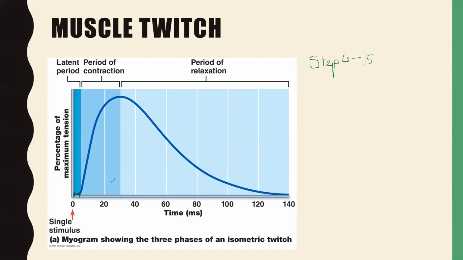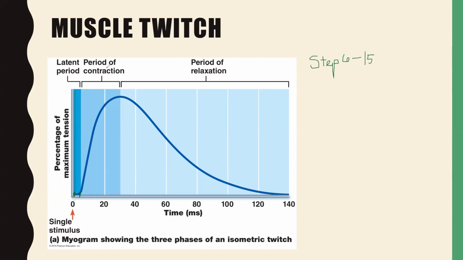So all the calcium has to be released. Well, the signal has to travel down the sarcolemma. It has to go into the T-tubules, has to depolarize the sarcoplasmic reticulum. The calcium has to come out, bind with the troponin, pull the tropomyosin out of the way, and then the actin and myosin can bind. So we got 10 steps that have to occur in order for actin and myosin to be able to bind.